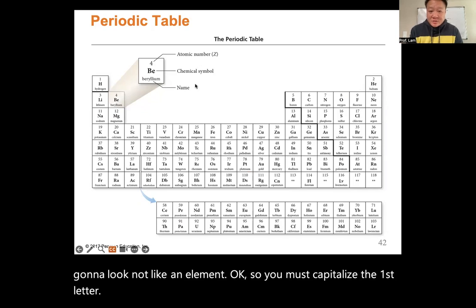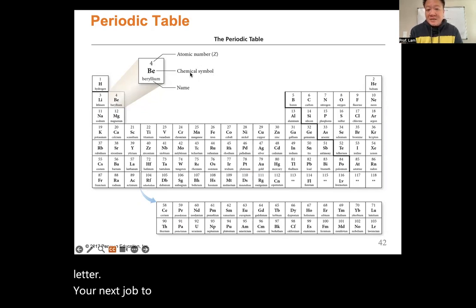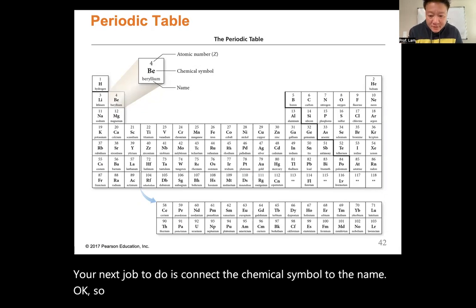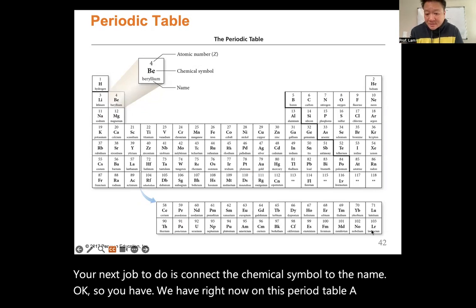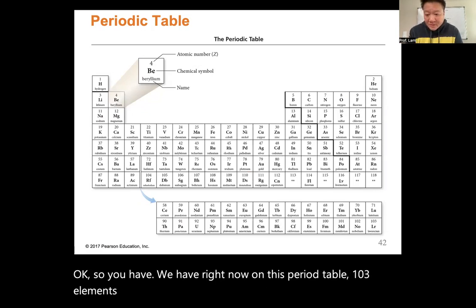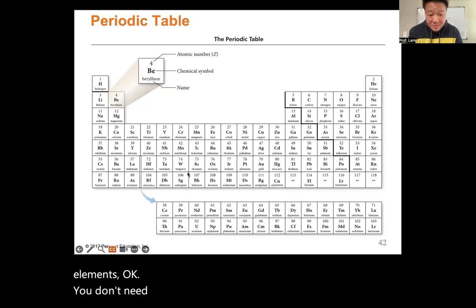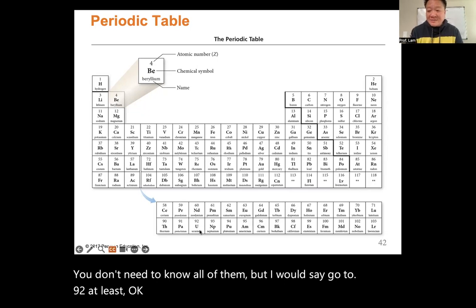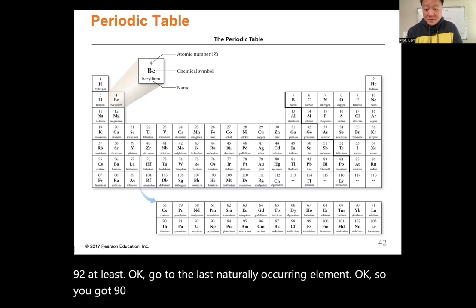Your next job to do is connect the chemical symbol to the name, okay? So we have right now on this periodic table 103 elements, okay? You don't need to know all of them, but I would say go to 92 at least. Okay, go to the last naturally occurring element. So you got 92 elements and symbols to learn.